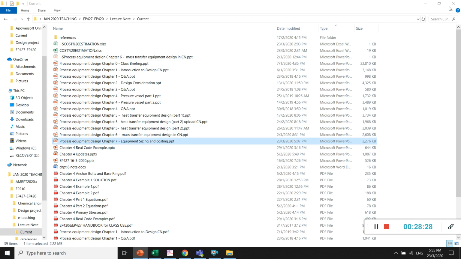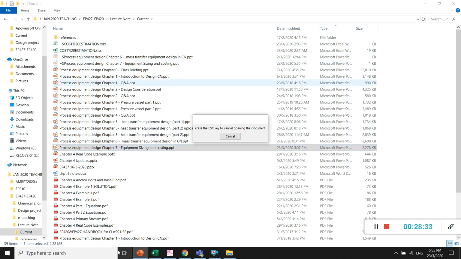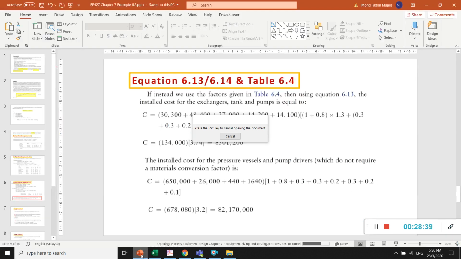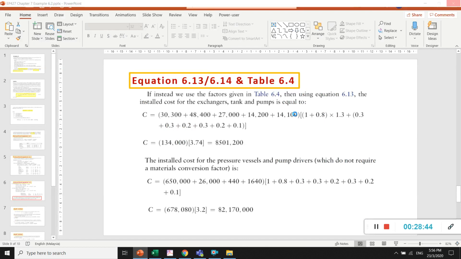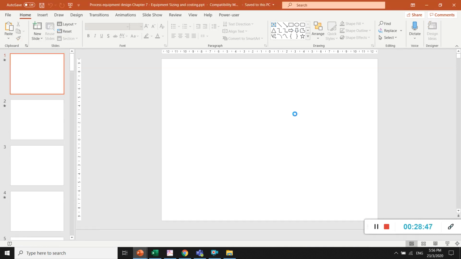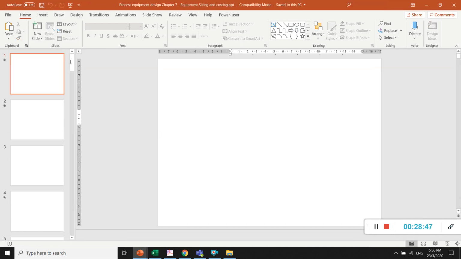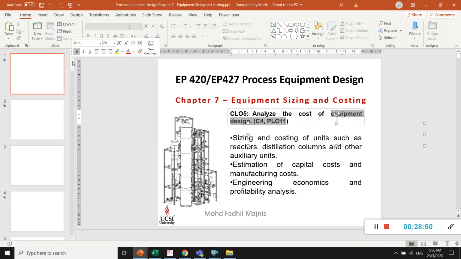Let me check what the equation is for this. Why is 0.8 suddenly here? Let me check the equations. We'll come back.